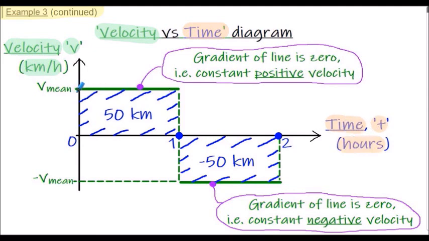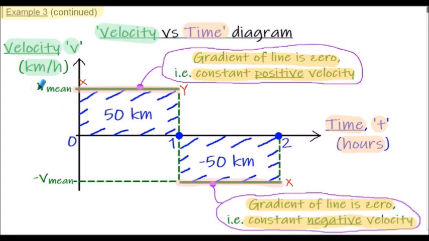So plotting the train's mean velocity between station X and station Y, and then plotting the mean velocity between station Y and station X. What we notice here is the gradient of the line is 0 because it's assumed constant velocity between station X and station Y, but notice this is a constant positive velocity. Between station Y and station X, the gradient of the line is still 0, it's not accelerating, constant velocity, but this is a constant negative velocity.